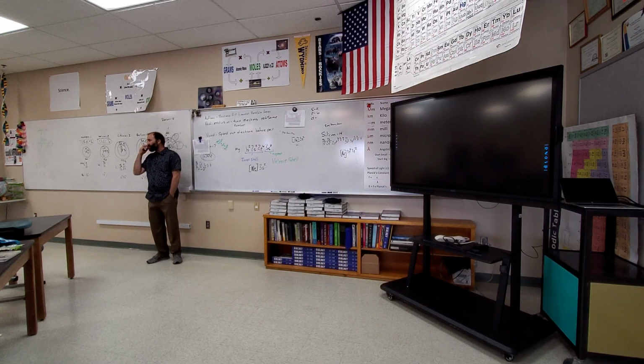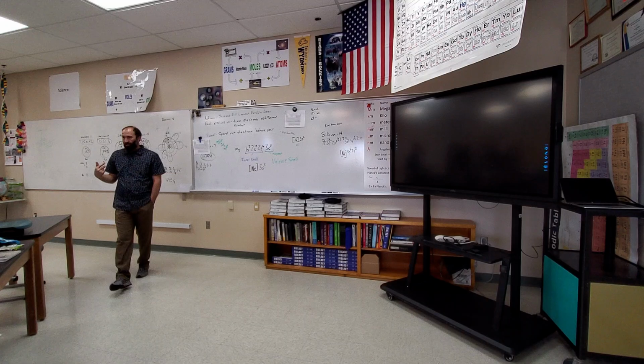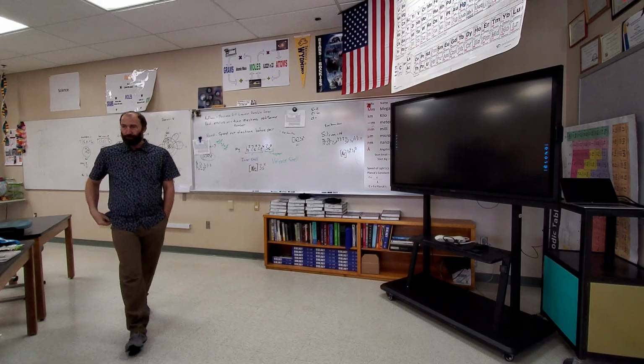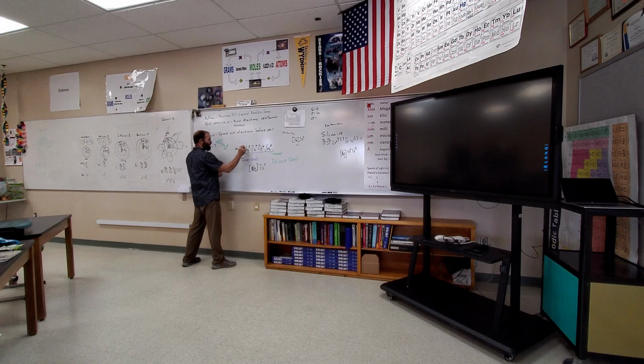So on page 111, you can see that table at the bottom. They go through some of the configurations using noble gas configuration. So this one's called just the electron configuration.